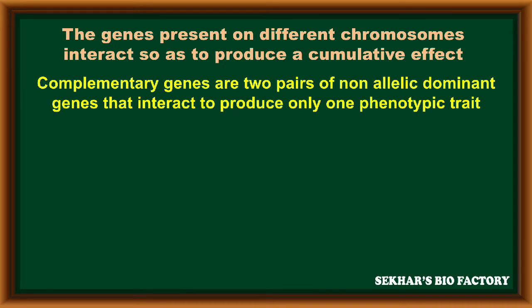Complementary genes are two pairs of non-allelic dominant genes that interact to produce only one phenotypic character. That means a single trait is expressed with the help of two genes. It is called complementary genes.